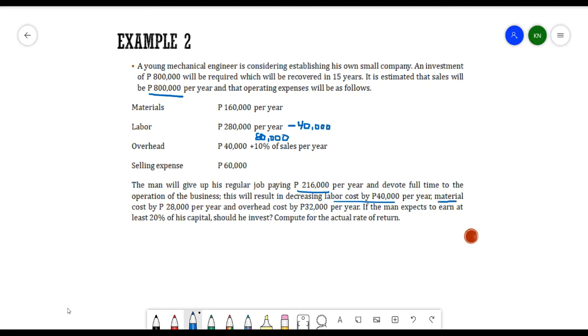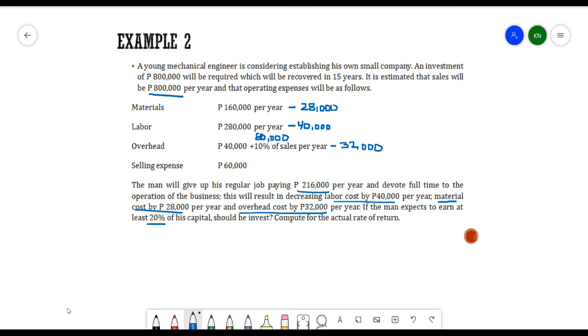Materials will be reduced by 28,000 and the overhead cost by 32,000 pesos. So minus 32,000 pesos. If the man expects to earn at least 20% of his capital, should he invest? Compute the actual rate of return.